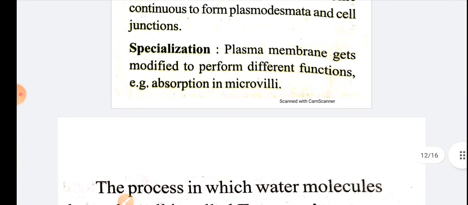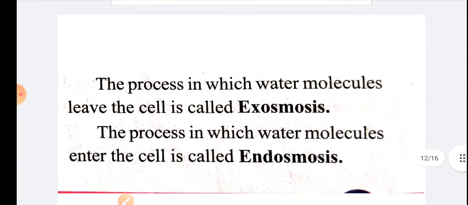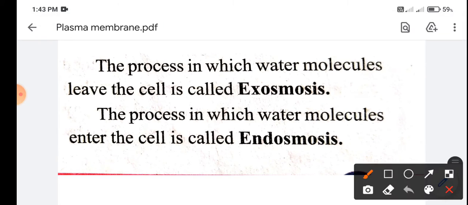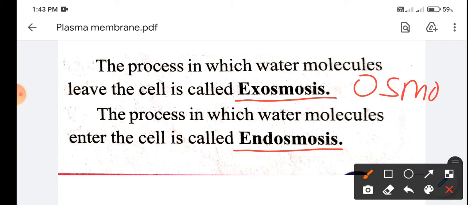The process in which water molecules leave the cell is called exosmosis. The process in which water molecules enter the cell is called endosmosis. Osmosis has two processes, exosmosis and endosmosis. Exosmosis is the process in which water molecules leave the cell.